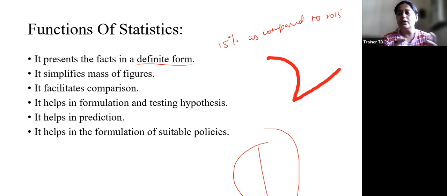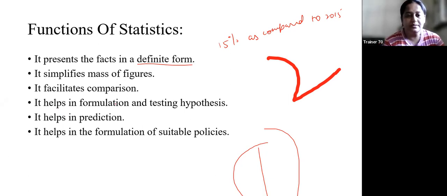So then you can compare everything very easily. आप एक एक डेटा को पूरा line by line पढ़ोगे, दूसरे डेटा को भी इतना ही सब रीड करोगे, तो आपके लिए कंपैरिजन करना would be quite difficult. But if that data is presented in the form of a table, in the form of a diagram, in the form of a graph, then it became easy for you to compare the things.